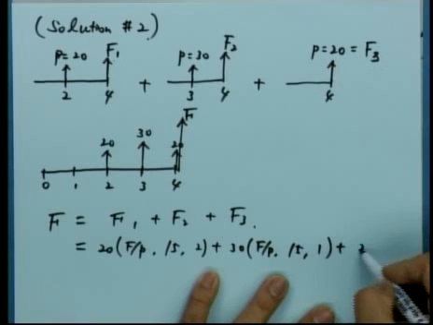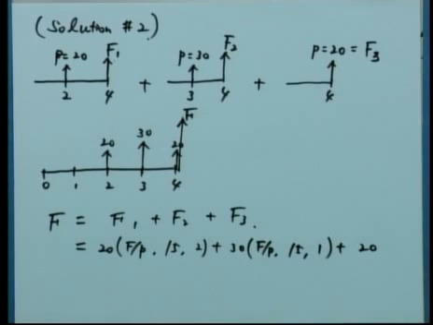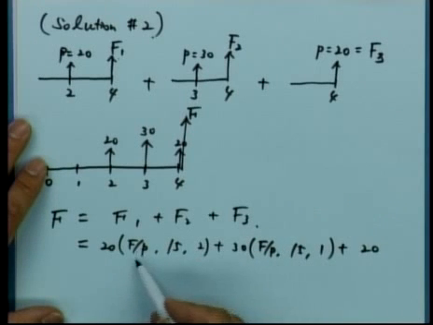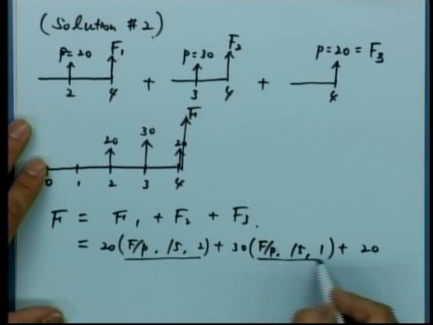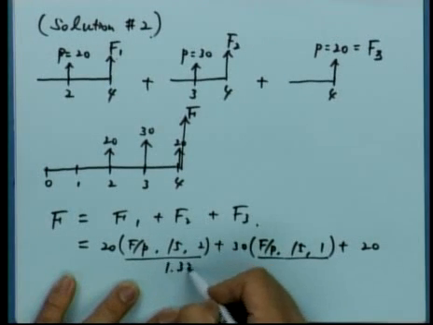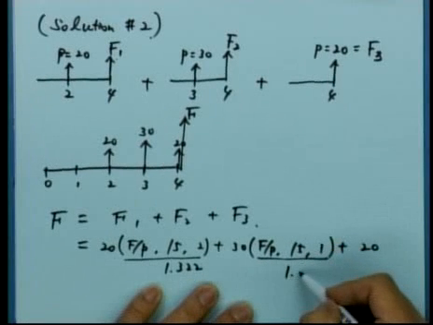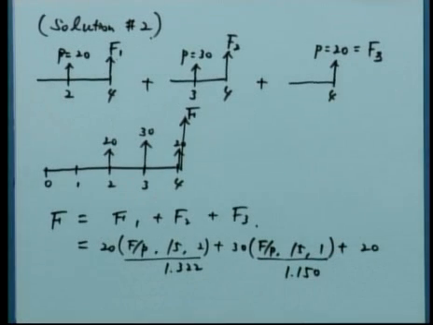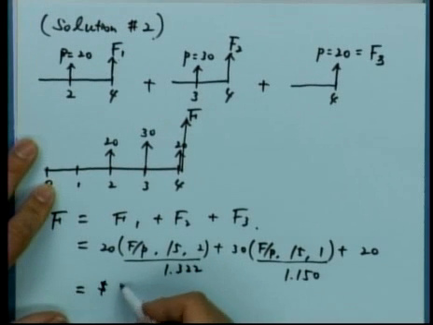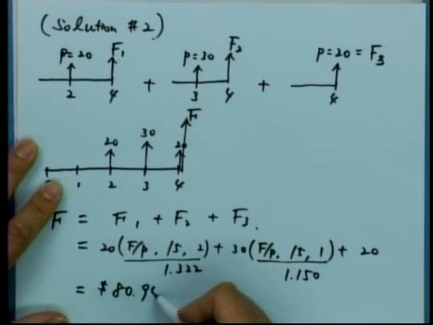F3 is just 20, right? And from Appendix C, you can get these factor values. This is 1.322. This is 1.150. Okay? And as a result, you're going to have $80.94.